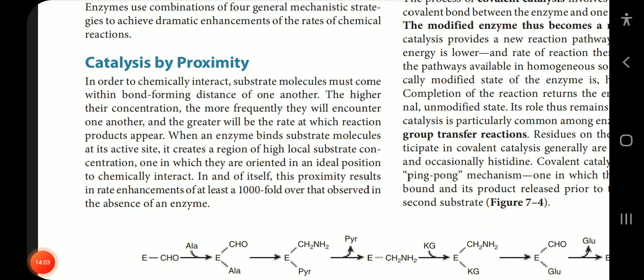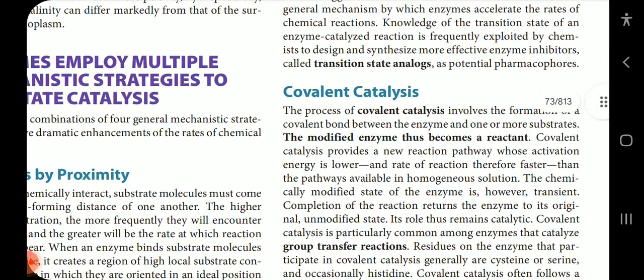The higher their concentration, the more frequently they will encounter one another, and the greater will be the rate at which reaction products appear. When an enzyme binds substrate molecules at its active site, it creates a region of high local substrate concentration, one in which they are oriented in an ideal position to chemically interact. In and of itself, this proximity results in rate enhancements of at least 1000-fold over that observed in the absence of an enzyme.